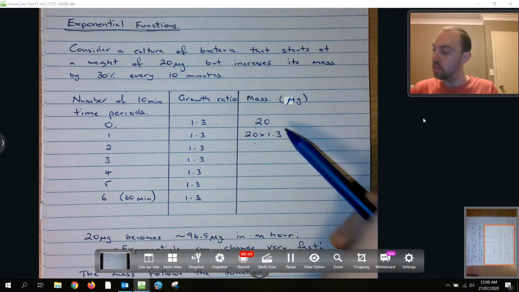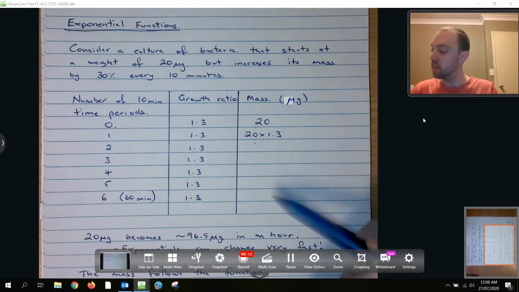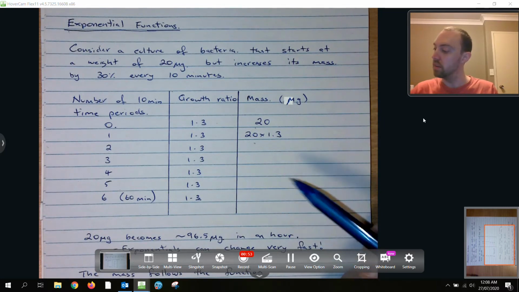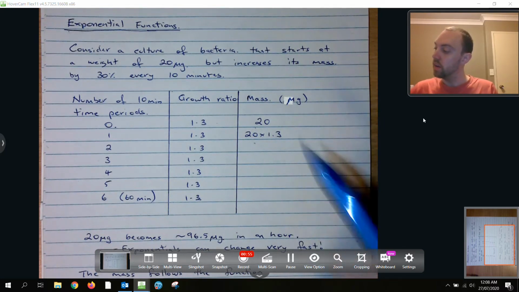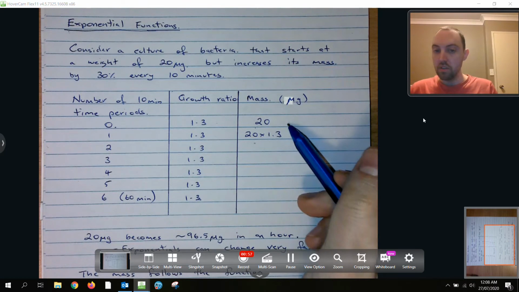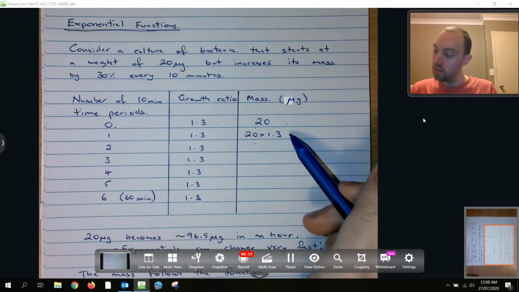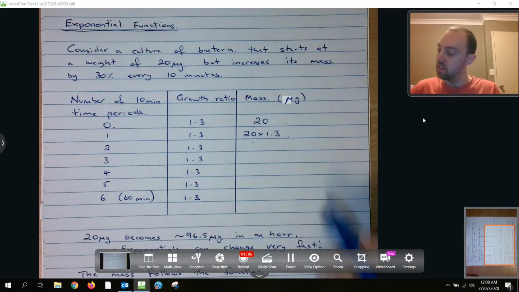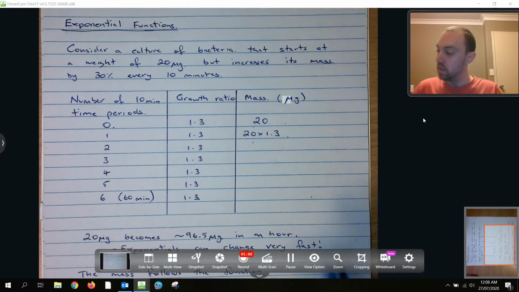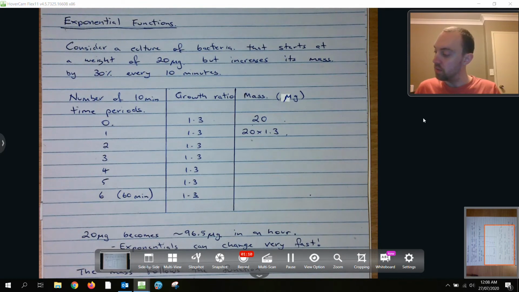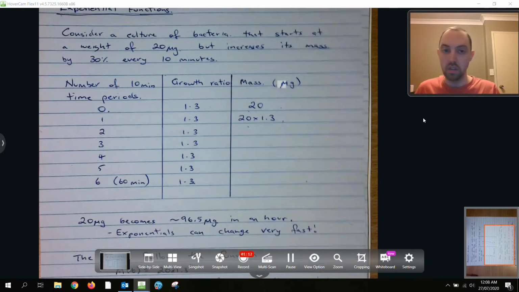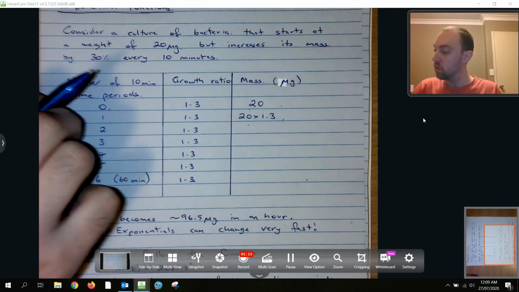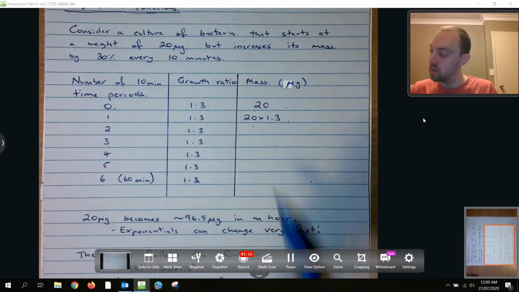So how does this look over the 7 time periods that we have here? Starts out as 20. Our next time period is going to be that increased by 1.3. I won't actually do these calculations until I get down to 60 minutes. I just want to see how this rate of growth changes.